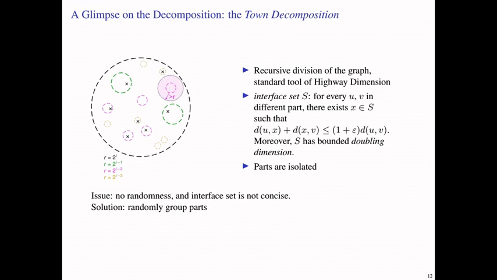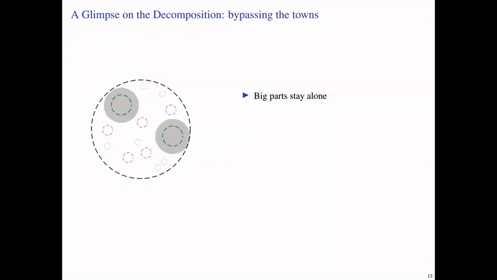Instead of decomposing one part into many parts with different diameters, we're going to group them kind of randomly. More precisely, we're going to define big and small later, but assuming we know what a big part is, we put the big parts alone in their own parts, and then we group greedily the small parts.